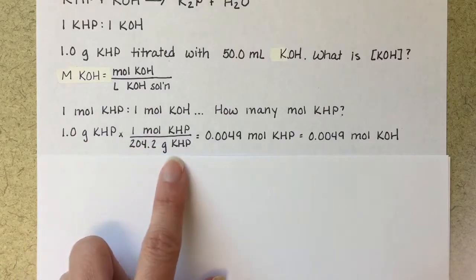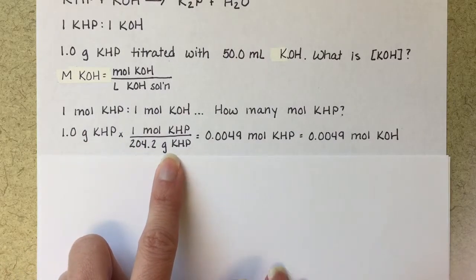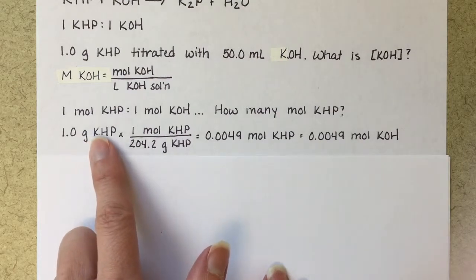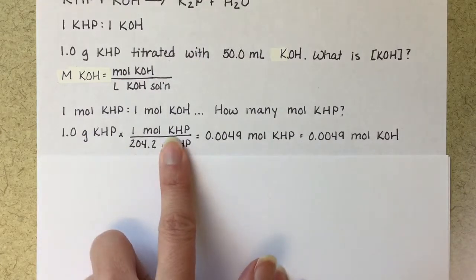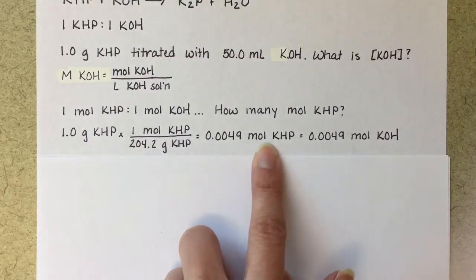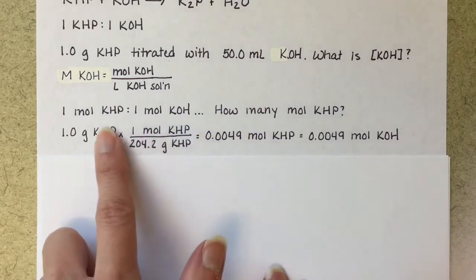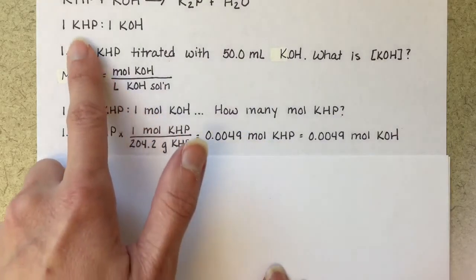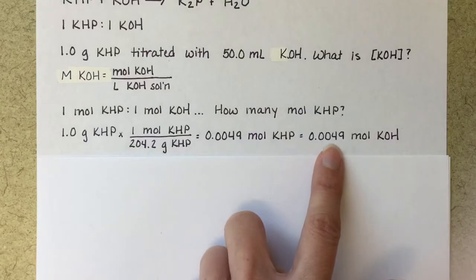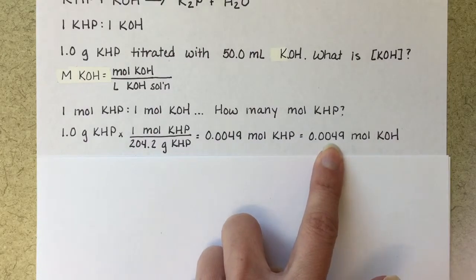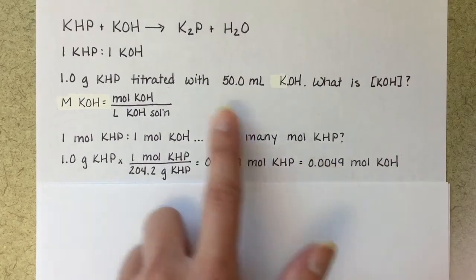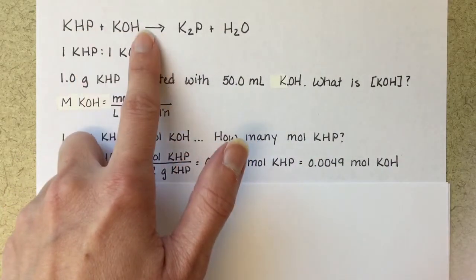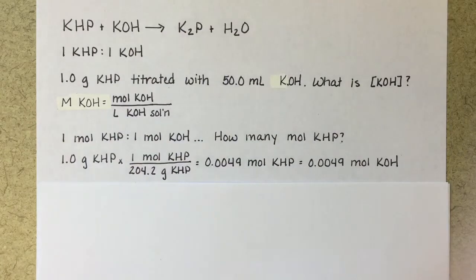So we can use the molecular weight of KHP, which is 204.2 grams per mole, and we can convert grams into moles of KHP. For this particular problem, we're going to get 0.0049 moles of KHP, and because of the 1-to-1 ratio, we know that we must have also had 0.0049 moles of KOH in order for these two things to react with each other in a 1-to-1 ratio the way it's described in the equation.